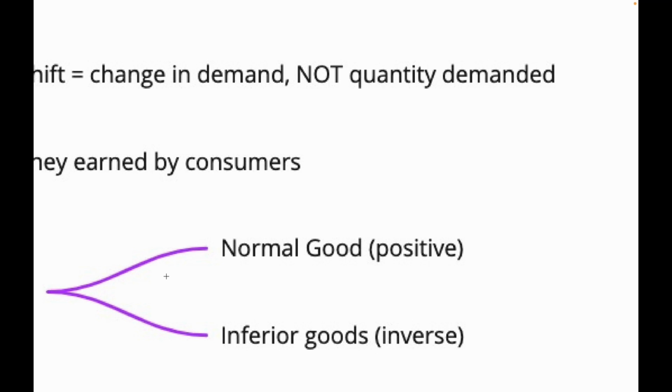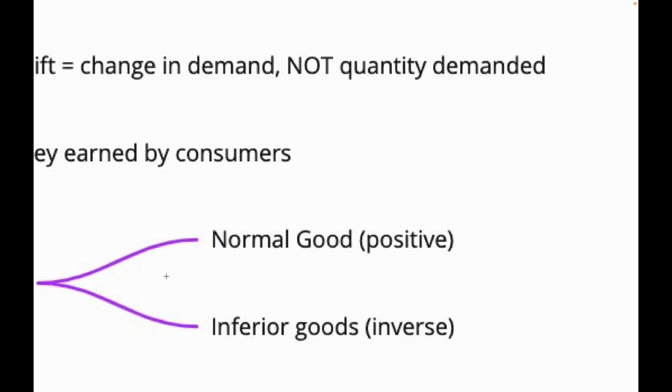So when income increases, the demand for these normal goods will also increase. Why? Because as people's income increases, people will have greater purchasing power, and this means that they will be able to get either more of a certain item or more variety in the items that they're getting.